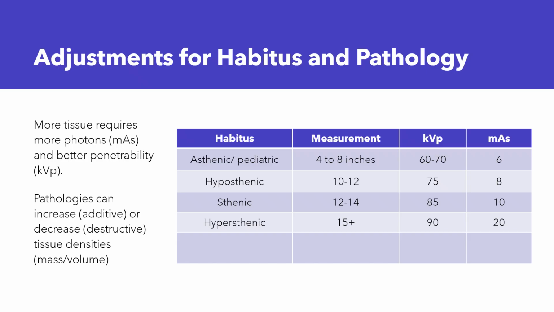The opposite of that, when would you need to increase technique for pathology? What's an additive pathology? That would be a condition called ascites. Ascites is when you draw fluid to your peritoneal cavity, excess fluid to your peritoneal cavity. So now the X-ray beam is trying to go through the organs plus like an extra jug of water.